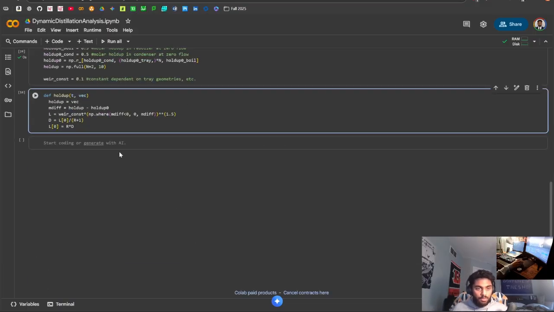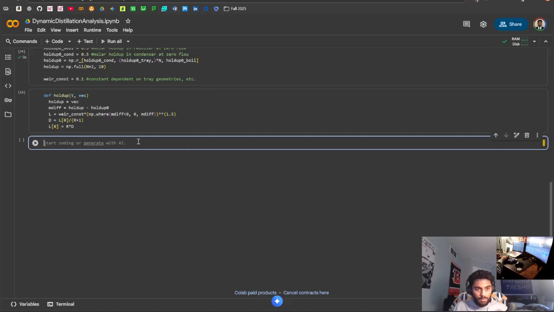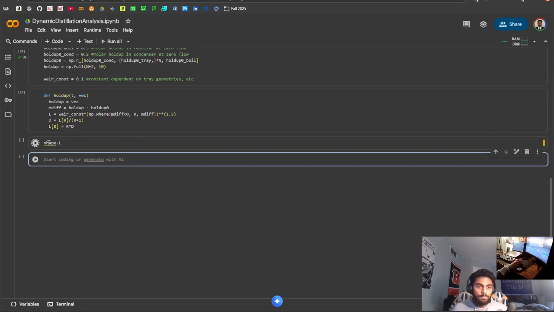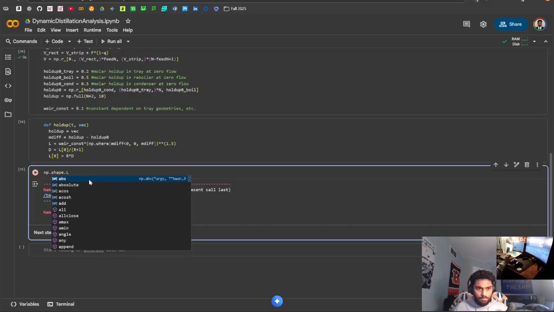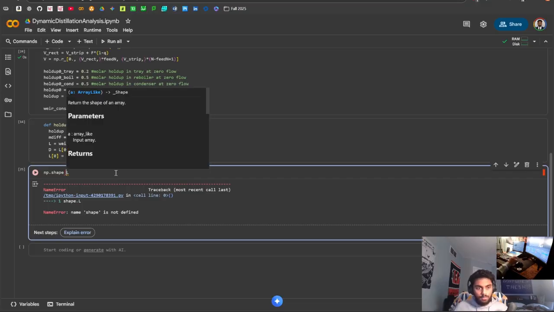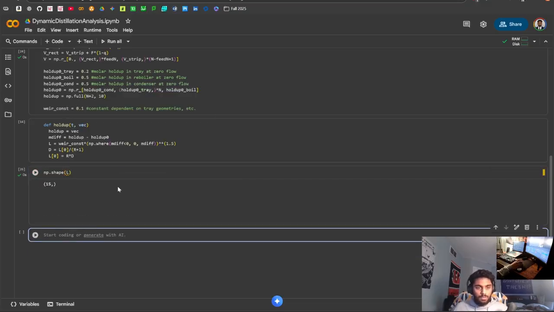So now if we take a look at the shape of our L, I can't remember how to do that. There we go.